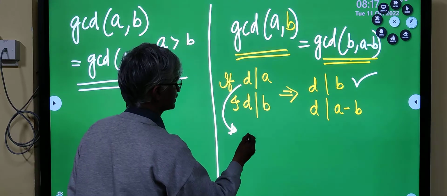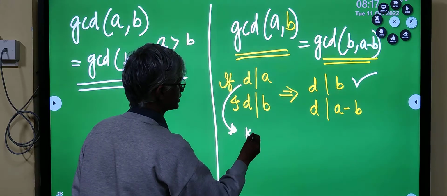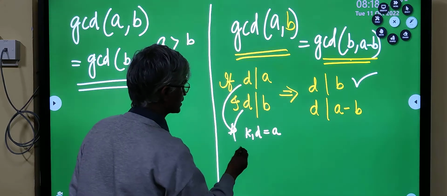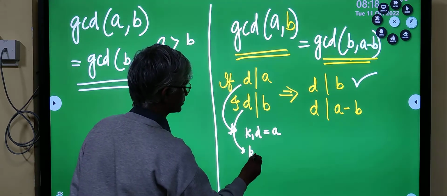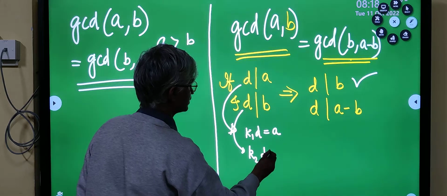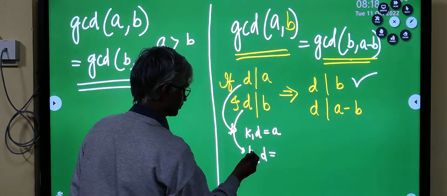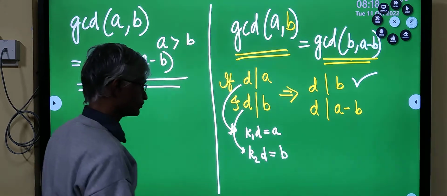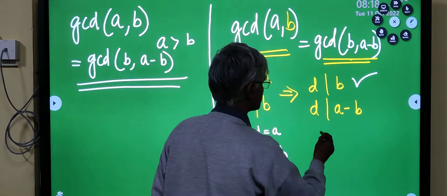This means that some constant K1 times D is equal to A, and some natural number K2 times D is equal to B. Now what is A minus B?